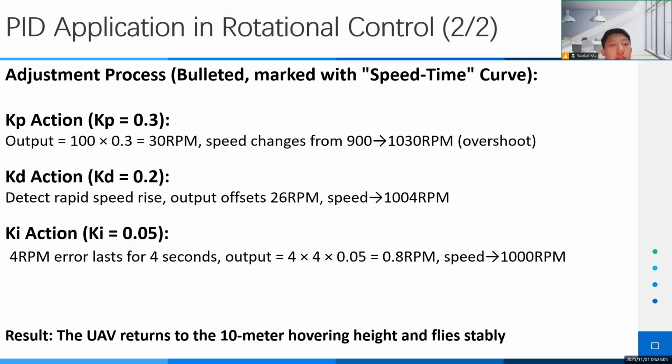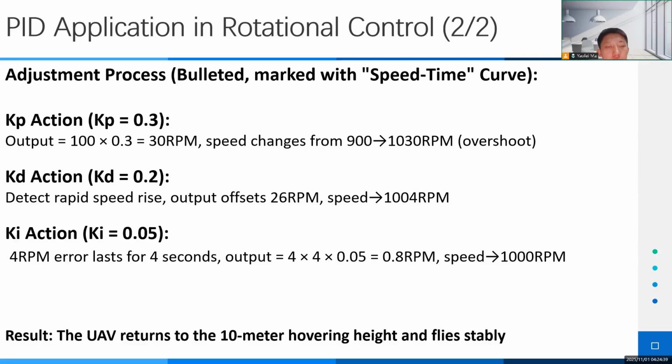Let's see the adjustment process. KP starts. KP is 0.3. The error is 100 RPM multiplied by 0.3, so it is 30 RPM. The propeller speed goes from 900 RPM up to 1030 RPM, an overshoot. KD adjusts.